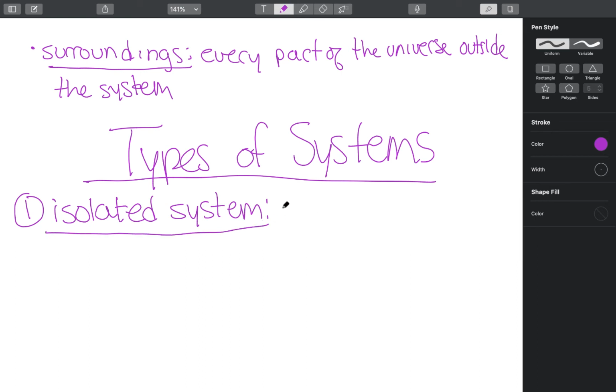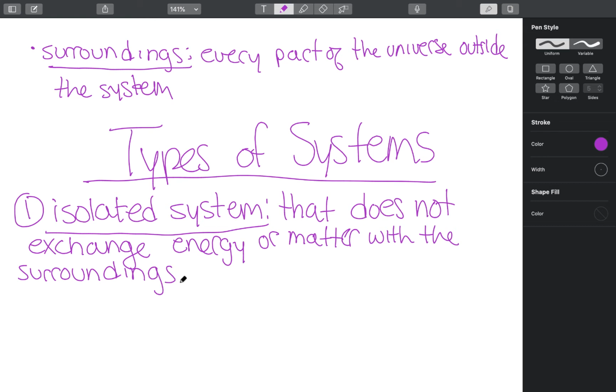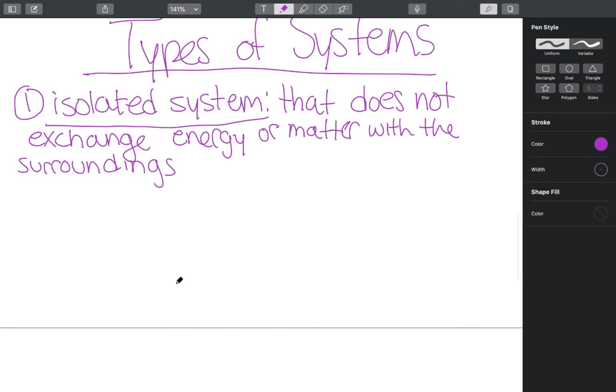An isolated system is a system that does not exchange energy or matter with the surroundings. So an isolated system is a system that does not exchange energy or matter with the surroundings.